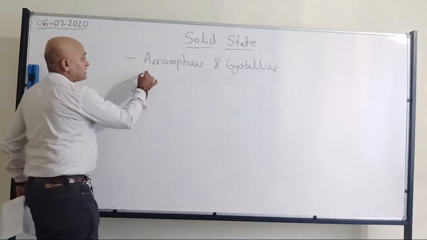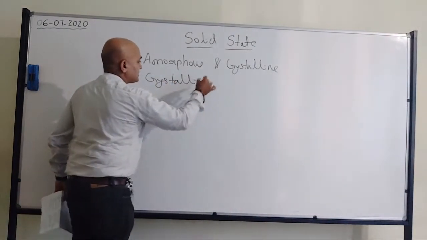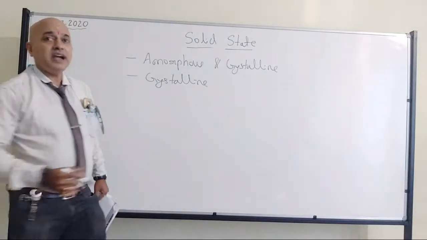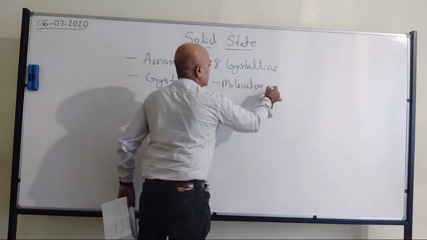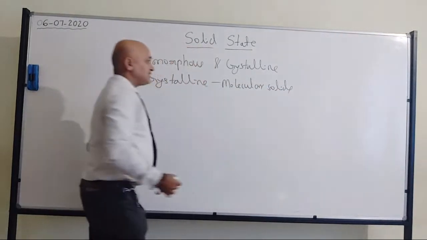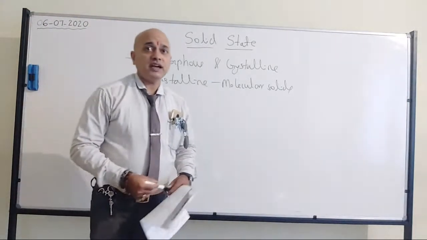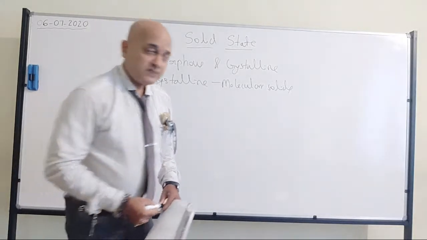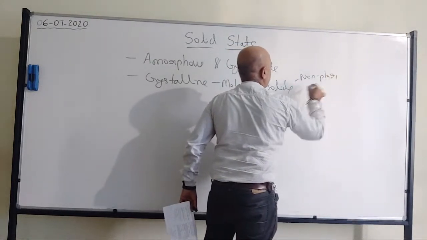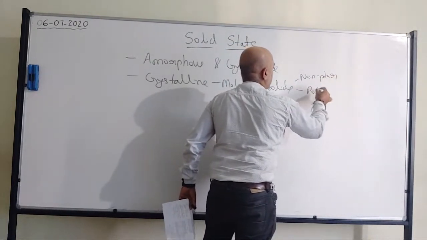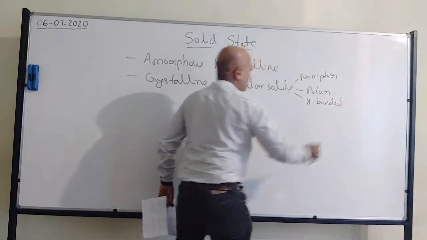Okay. Now when it comes to crystalline solids, once again we have different categories. That's where we have the molecular solids, where molecules are present in forming the crystal structure. Therefore they are called molecular solids. In that we have non-polar molecular solids, polar molecular solids, and hydrogen bonded molecular solids.